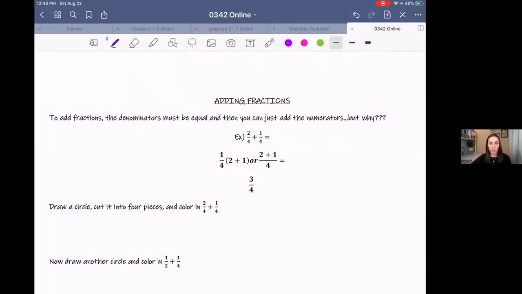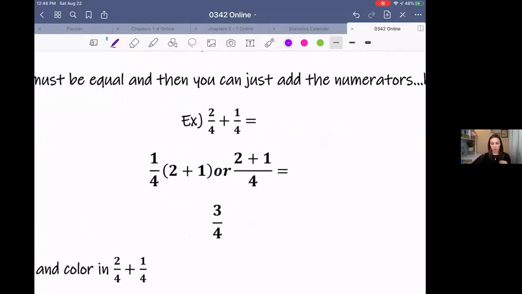Adding fractions. When we add fractions, we have to have a common denominator. That means that the bottom of the fraction has to be the same. And then once we have the bottom, which is the denominator, the same, you can add just the numerators. I have a mathematical explanation as to why we only add the numerators, but I want to show you in picture form why that works.